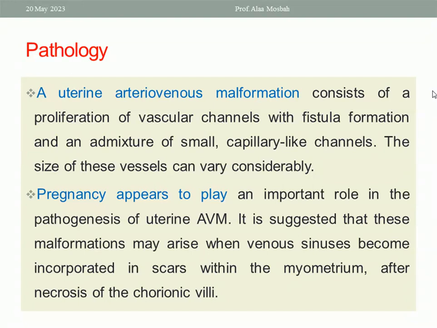Yes. Pregnancy appears to play an important role in the pathogenesis of uterine arteriovenous malformation. It is suggested that these malformations may arise when venous sinuses become incorporated in scars within the myometrium after necrosis of the chorionic villi.